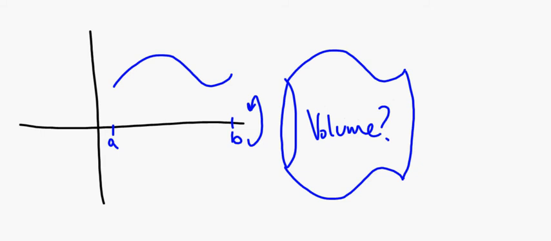You're thinking, well, I don't know that. But I know that in the past, what has worked for us is we take this region and approximate it with rectangles. And we spin those rectangles around, and see what happens. If we spin those rectangles around, what do we end up with?